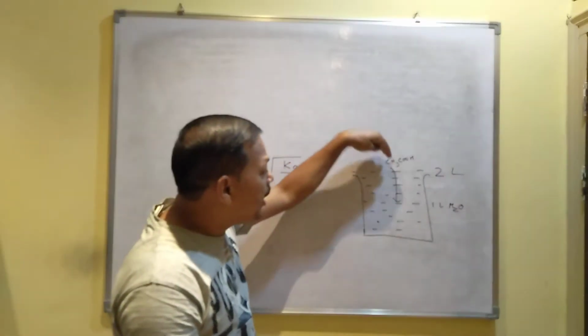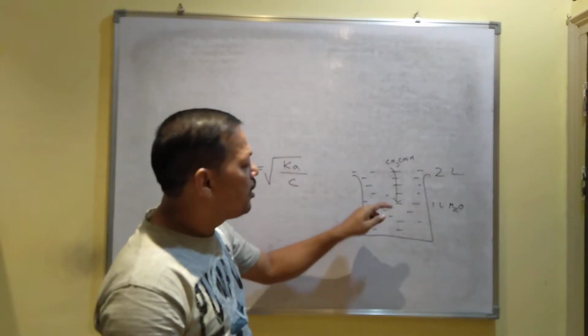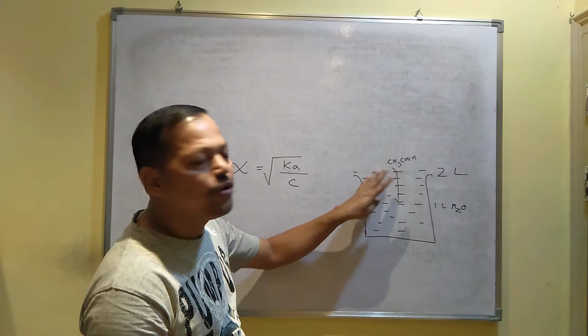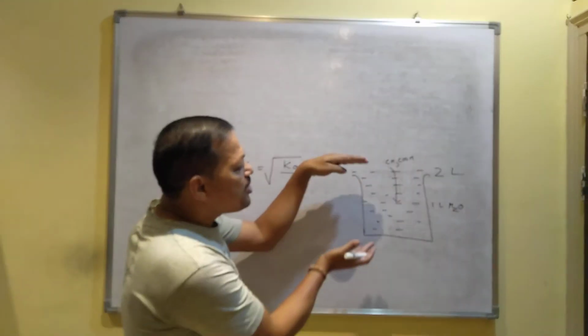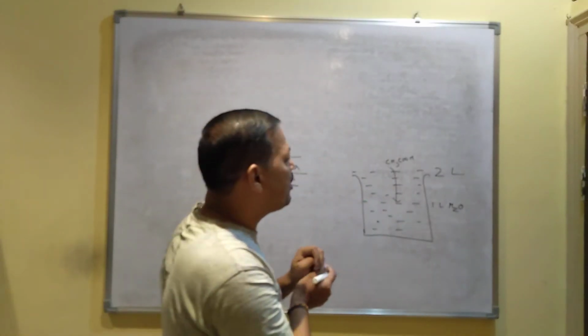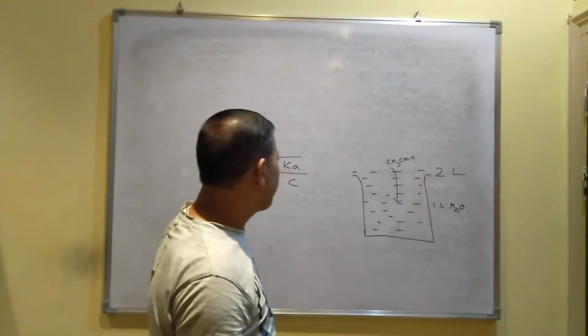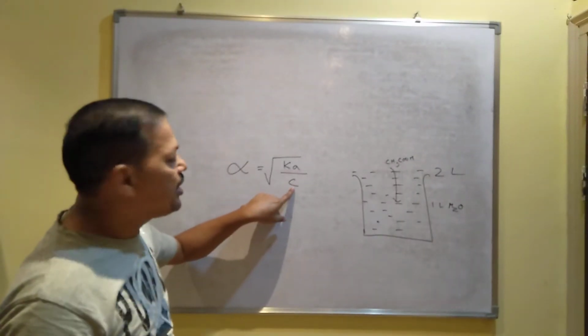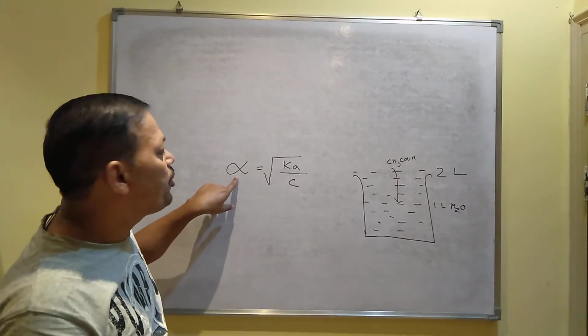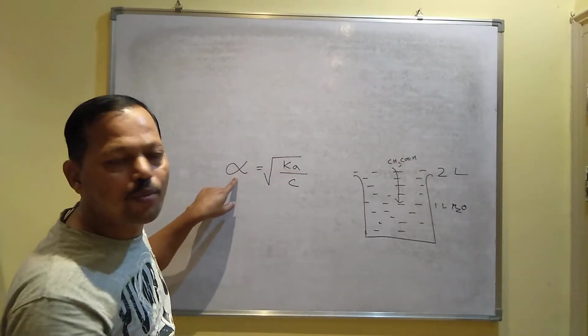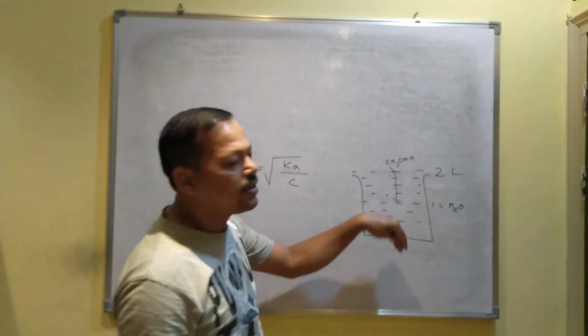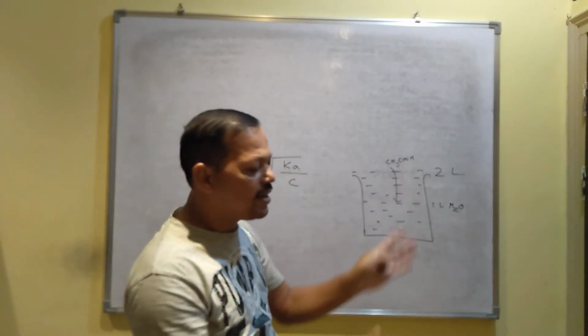You know, when you add water to a solution, the concentration of the solution goes on decreasing. When the concentration decreases, the degree of dissociation of acetic acid goes on increasing, because they are inversely proportional. I mean, after adding water, more acetic acid undergoes ionization.